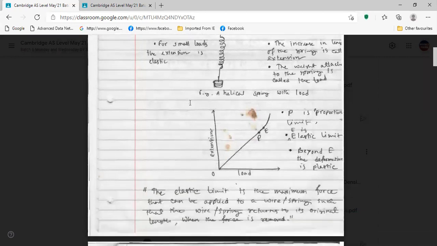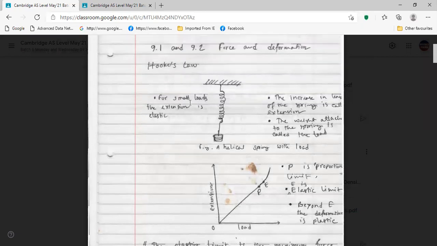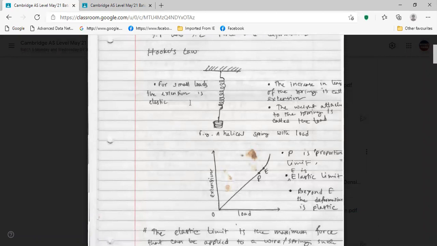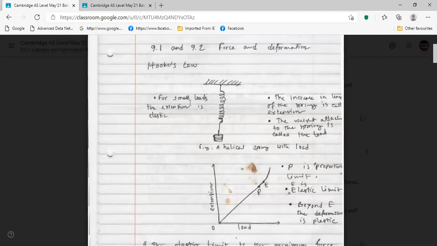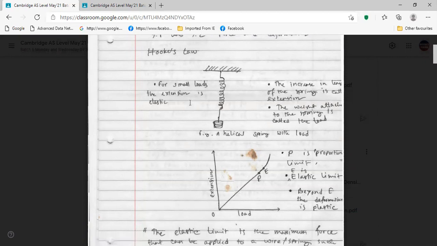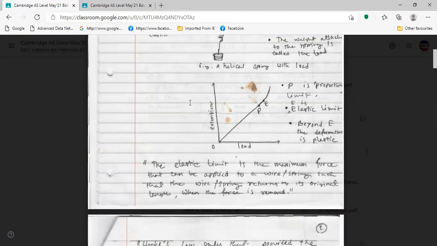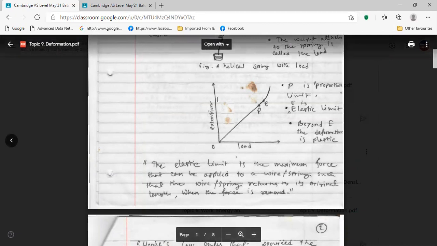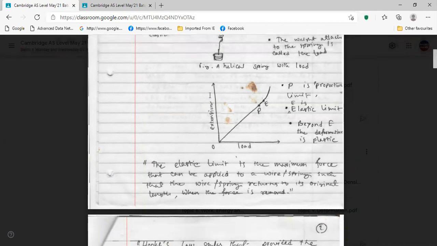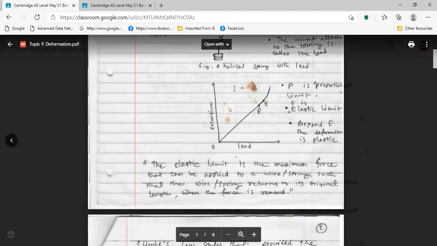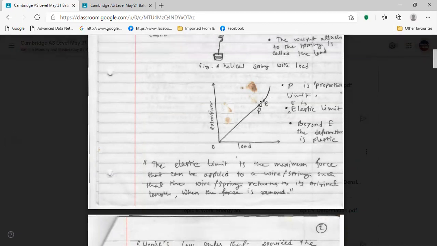Now you write the heading, Hooke's law. You see the graph? You draw this graph after writing Hooke's law, then you draw this graph and label PE.